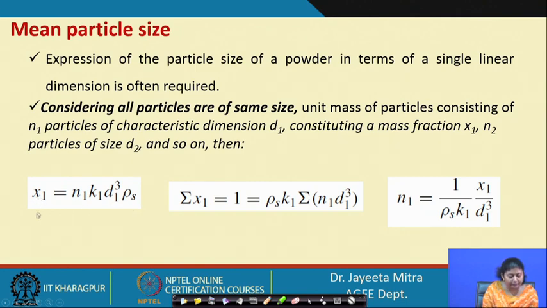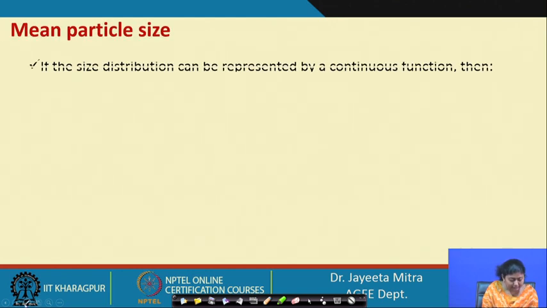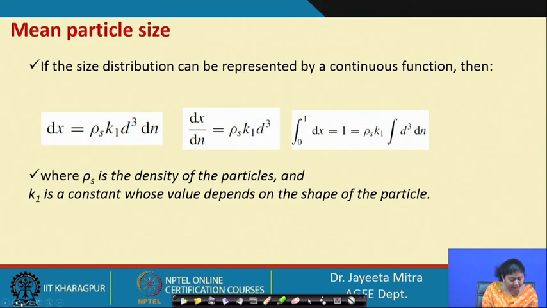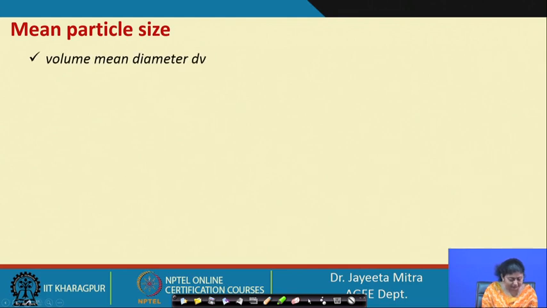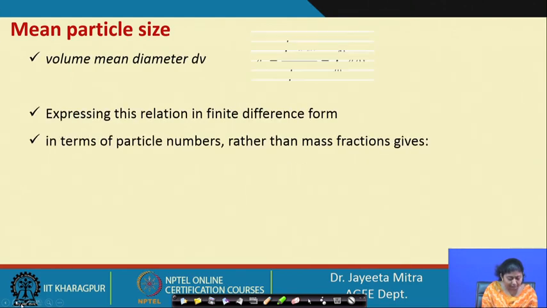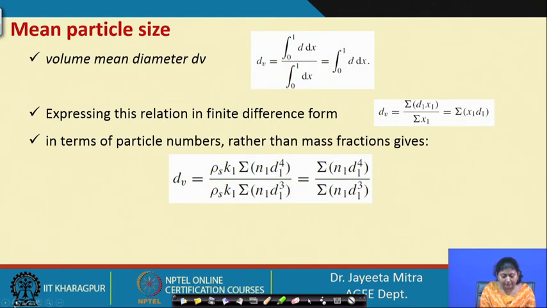Now, when we converted it to dx, at that time we convert this to d1, and this concept we will use every time whenever we try to express in terms of number distribution of the particles, right. So, we were on the volume mean diameter. So, this is the expression: dV equals summation n1 d1 to the power 4 divided by summation n1 d1 cube.